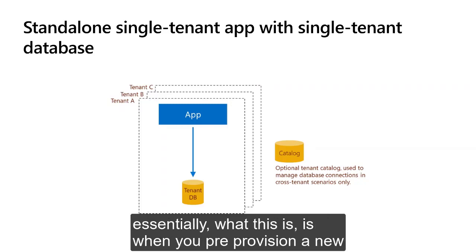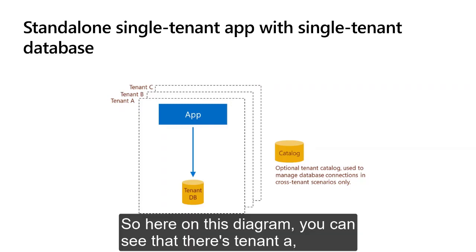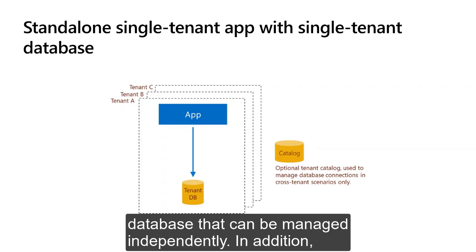Essentially, when you provision a new tenant, each tenant is allocated their own individual database. So here on this diagram, you can see that there's tenant A, tenant B, and tenant C, and each of them have their own isolated database that can be managed independently.